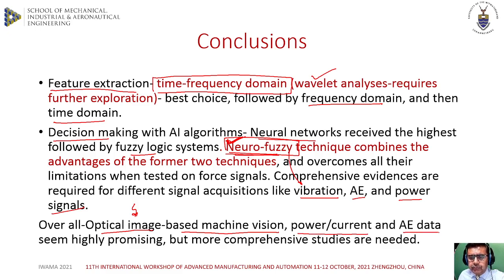Then acoustic emission data. These three seem to be quite promising for tool condition monitoring systems. All these are supported by the time frequency domain, that is wavelet analysis for feature extraction, and neuro fuzzy techniques for decision making. And this is what we can conclude from this.